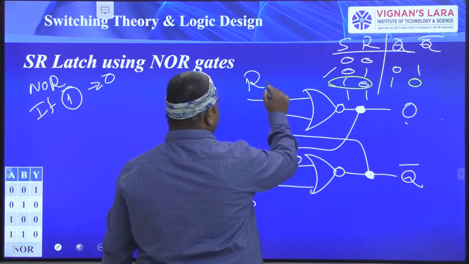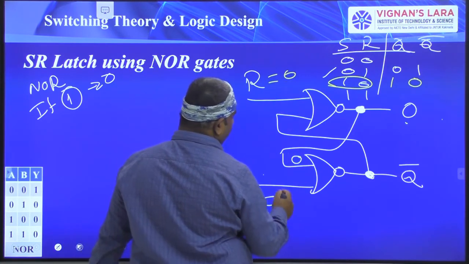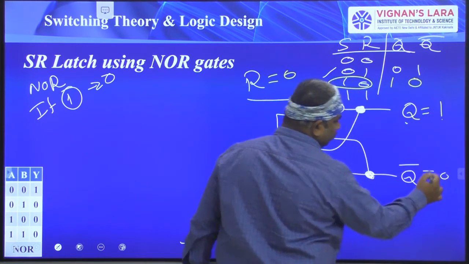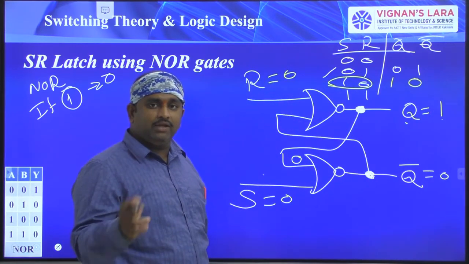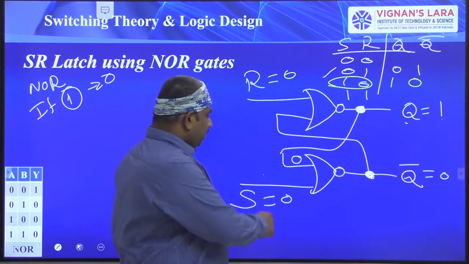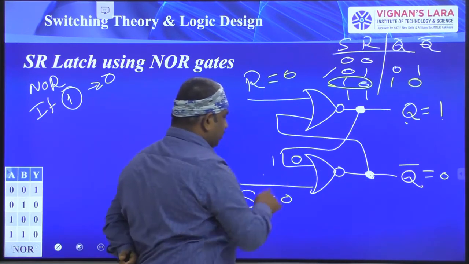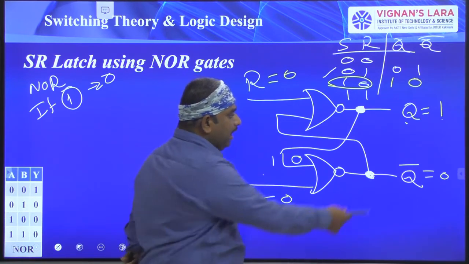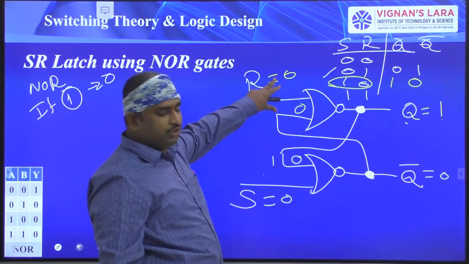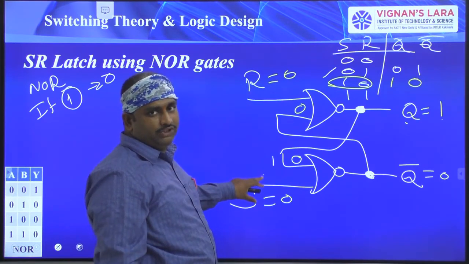Now R is equal to 0, S is equal to 0, and here Q is equal to 1 and Q bar is equal to 0. Previously we took the 0, 1 combination, and now I have kept the 1, 0 combination. This 1 is connected to the first gate, so its inputs are 1, 0.